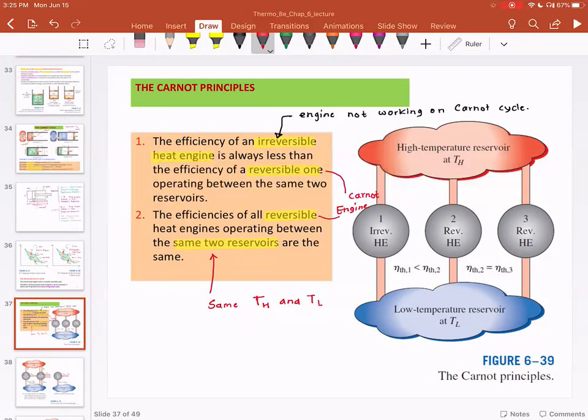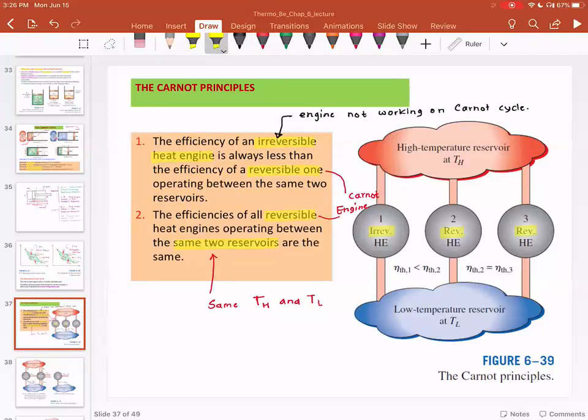This principle is sometimes used to compare different engines. Here is a simple example. You have an irreversible engine which is less efficient than the reversible engine.